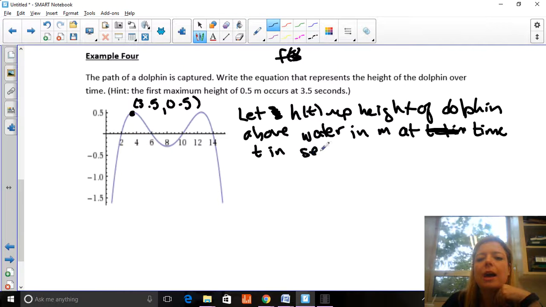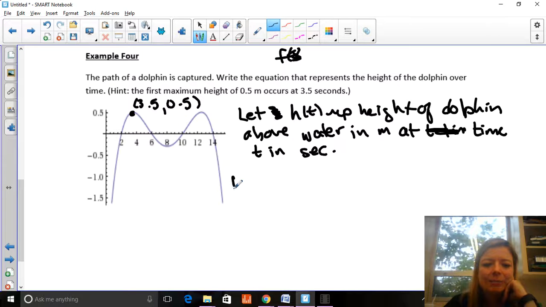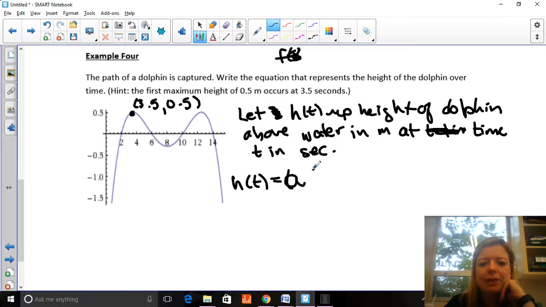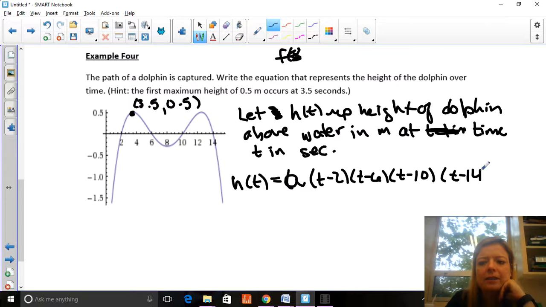Now you go ahead and do the exact same thing that we did above, just using these coordinates. I would encourage you to pause the video and try it yourself. Okay, so you'd get an a value out front that we need to find later. So t minus 2, t minus 6, t minus 10, t minus 14.